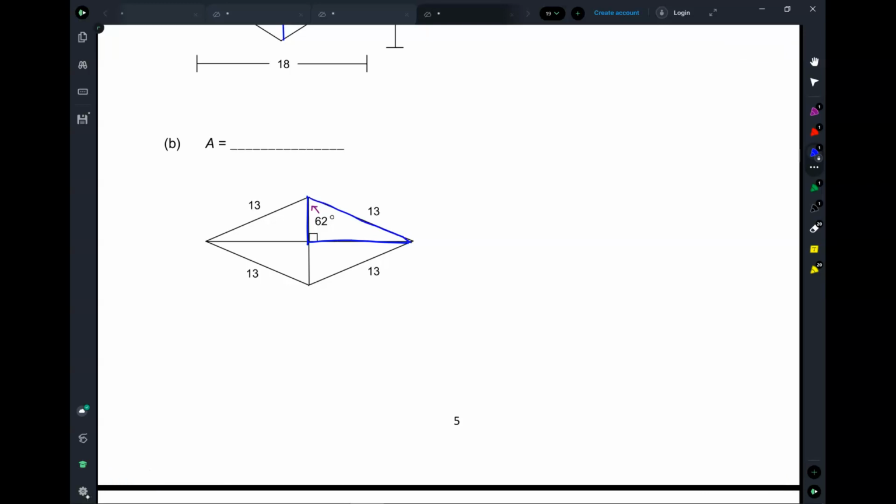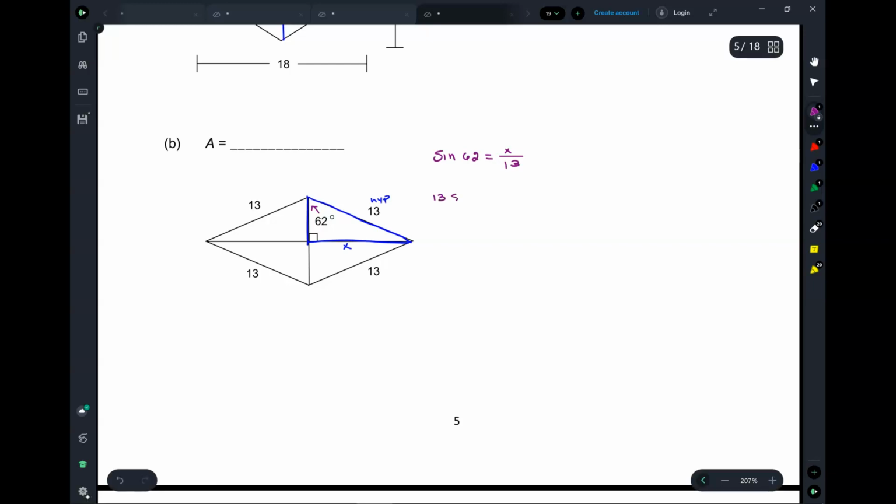Okay. I've got the angle. This, we'll call it x. That's the opposite side. And the hypotenuse. That sounds like a what? Sine. Sine of the angle is x over 13.